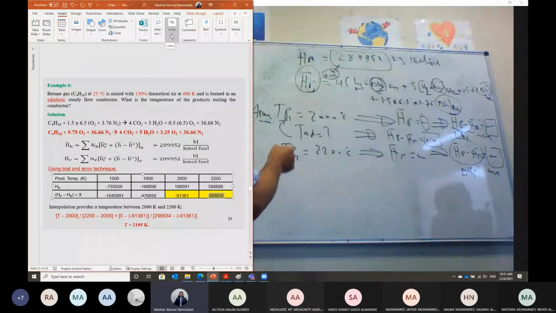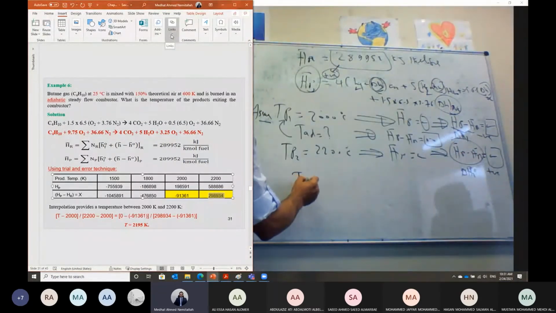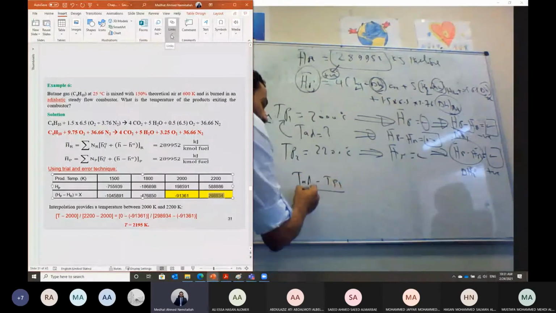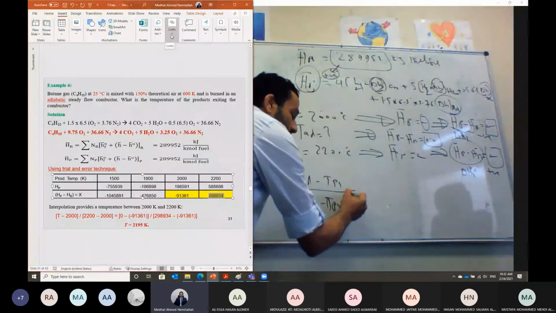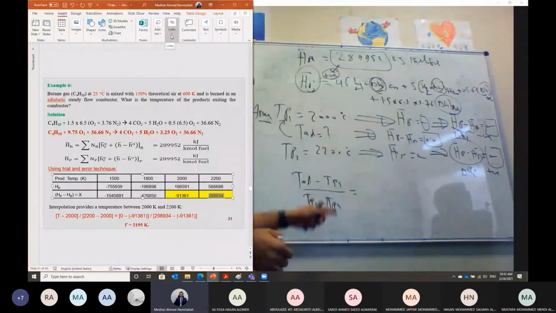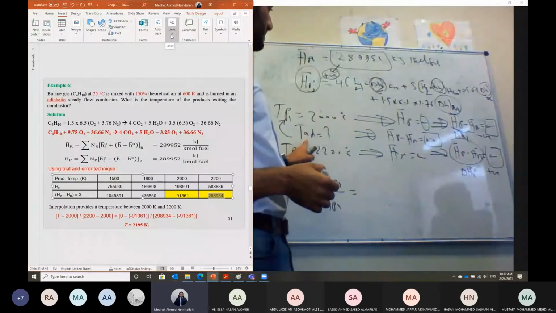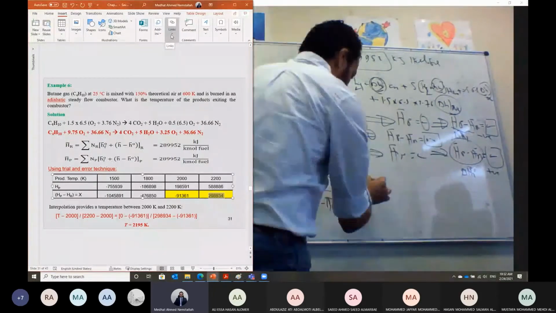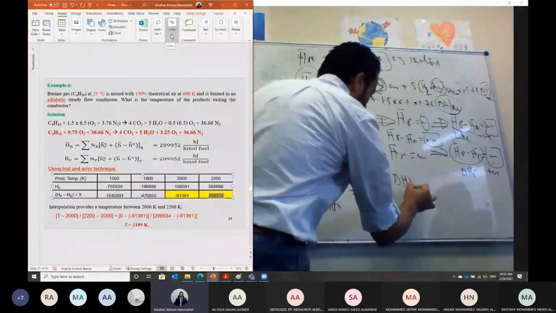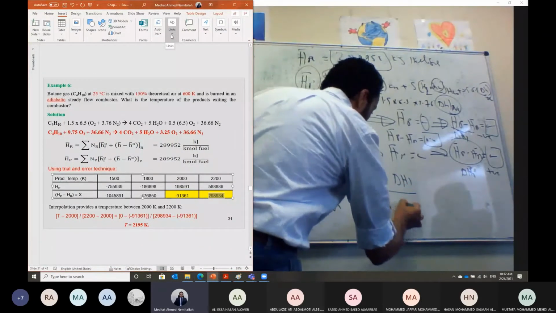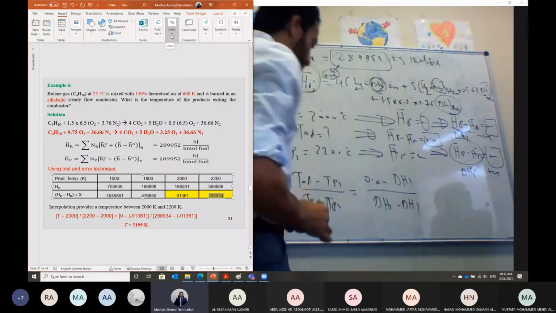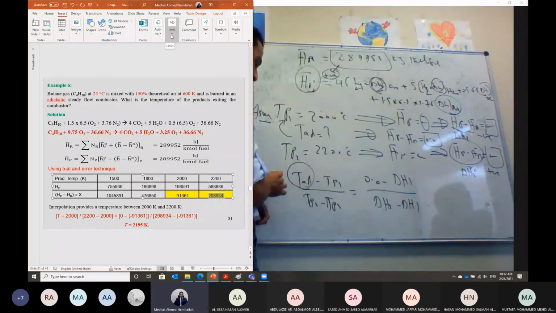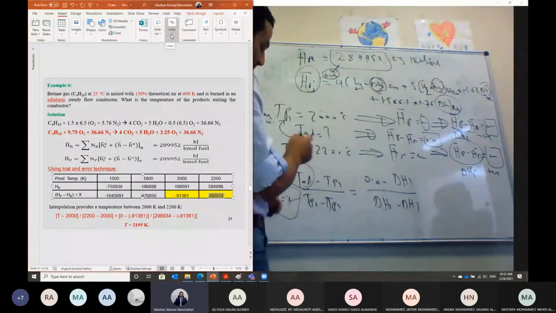We can say T adiabatic minus T product 1 divided by T product 2 minus T product 1 should be the same as delta H at T adiabatic, which is 0 minus delta H1, divided by delta H2 minus delta H1. And by this interpolation, we can calculate the adiabatic flame temperature. In this case, it can be calculated. Is that clear, Shabab?